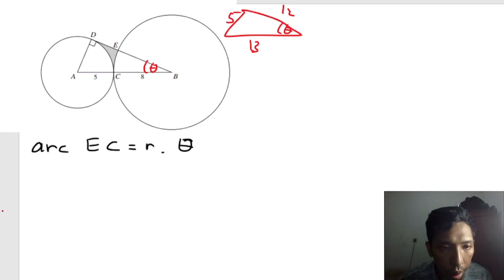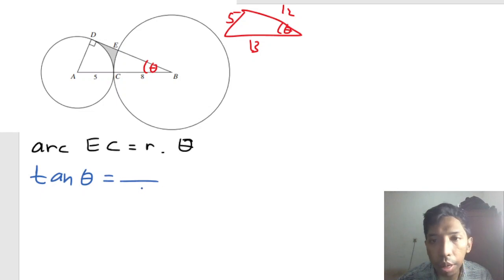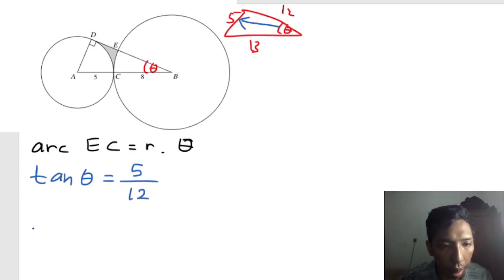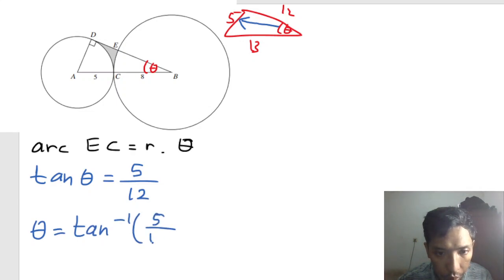If we use tangent, it is opposite divided by adjacent. The opposite is the side in front of the angle, and the adjacent is 12. To find the angle we use tangent inverse, and this becomes 0.39.